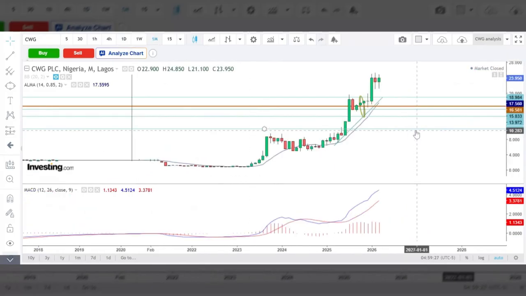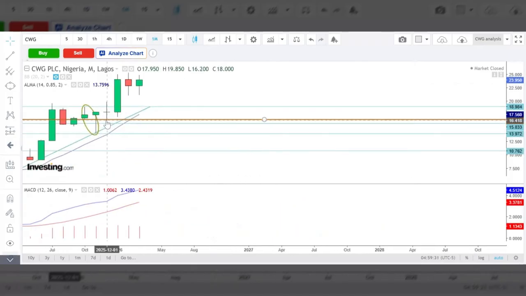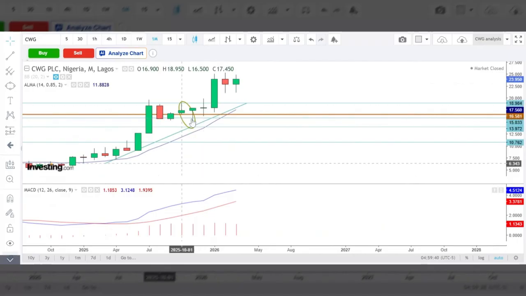Looking at the time frame analysis, this is correct actually. I didn't look at the days before. Looking at where our circle is, you can see this is, first of all, above our moving average.